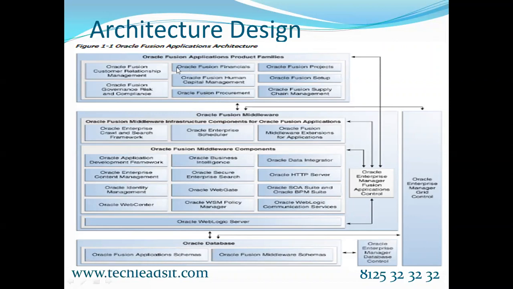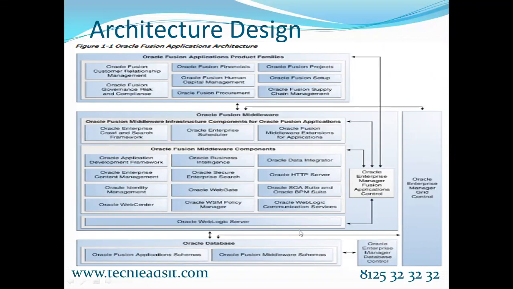For example, if you are maintaining Oracle Fusion financials, this Oracle financials data would be stored in Oracle Fusion application schemas, in the financial schema in our Oracle database. Whatever Oracle middleware components you are maintaining, that middleware components data would be dealt with by Oracle Fusion middleware schemas.